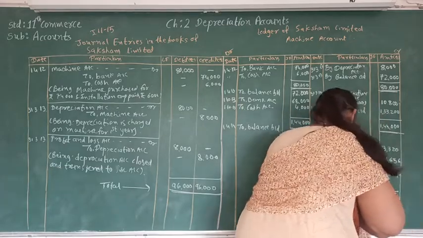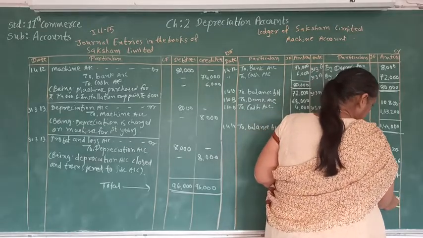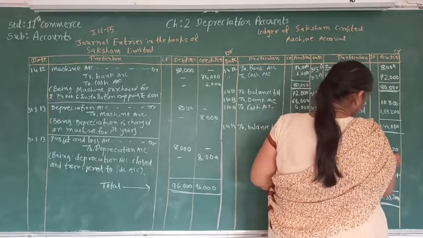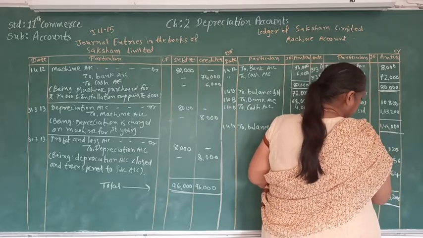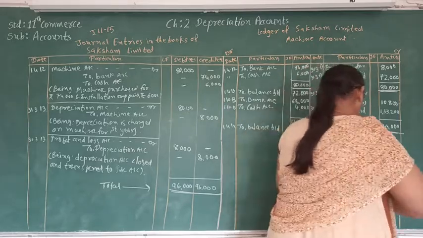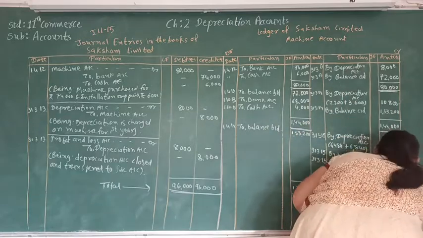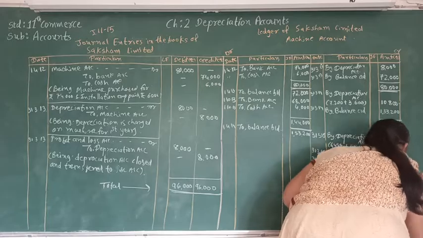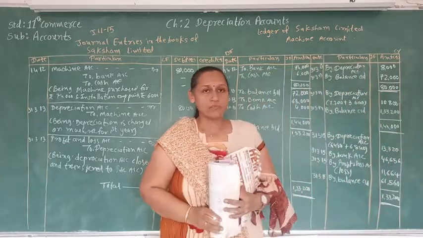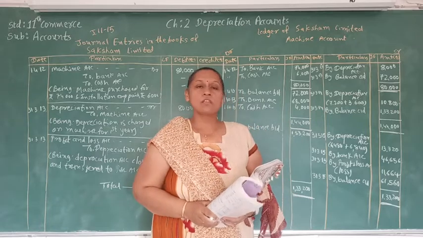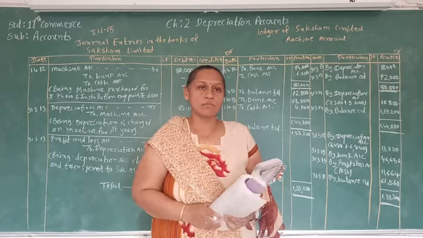The amount of the balance, if we deduct from 1,33,200 the amounts 13,320, 46,656 and 11,664, the balancing amount will be 61,560. So this is the balance of the machine account as on 31/3/15. Students, you may note this down in your notebook. Thank you for watching this video.